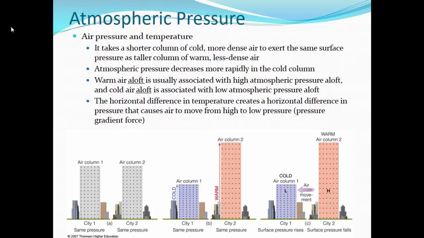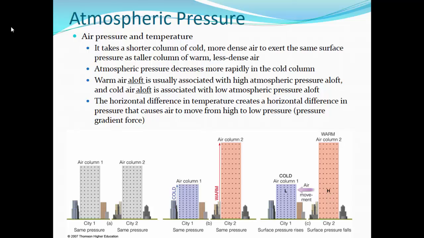If you compare that with the warm column in City 2, atmospheric pressure at the surface is the same, 1,000 millibars. But if you go to the top of the buildings, there's about 3/4 of the air molecules above you, so it's about 750 millibars. So at the same level in the cold column, that's 500 millibars. That same level in the warm column is 750 millibars.